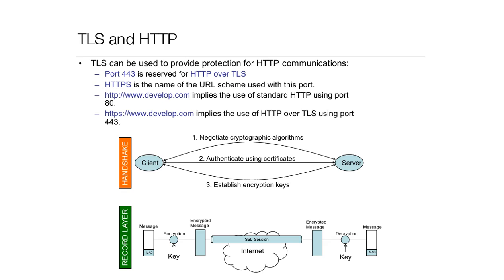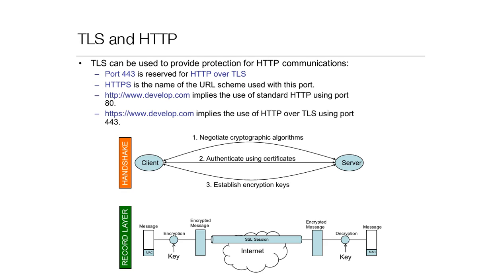So the server has to authenticate who he is, and after that authentication, they both establish an encryption key for symmetric key encryption, because symmetric key encryption is faster than public key encryption. Because of that, they establish a symmetric key between them to use symmetric encryption schemes for their data transmission.